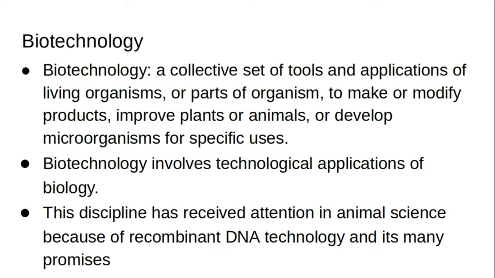So, as we increase our knowledge of technology, we are going to increase our biotechnology. This discipline has received attention in the animal science because of recombinant DNA technology and its many promises. Maybe you have heard of GMOs. They are genetically modified organisms, and we use them in our agricultural technologies today.